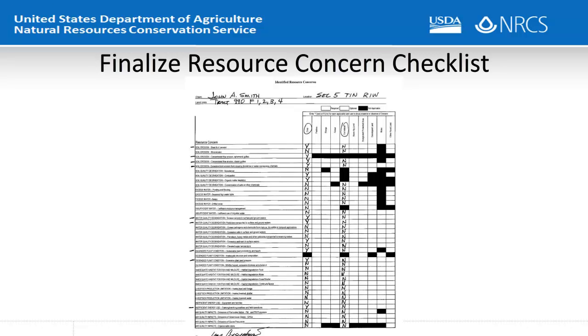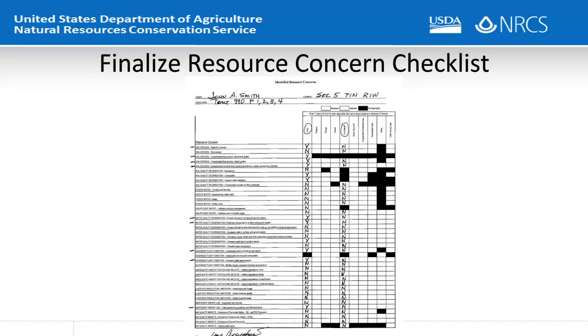So, the summary sheet of our resource concern checklist is complete, and we have identified the following resource concerns on the cropland: soil erosion, sheet and rill erosion; soil erosion, concentrated flow erosion, ephemeral gullies; soil erosion, concentrated flow erosion, classic gullies; soil erosion, excessive bank erosion from streams, shorelines, or water conveyance channels; soil quality degradation, compaction; soil quality degradation, organic matter depletion; water quality degradation, excess nutrients in surface and groundwaters; water quality degradation, pesticides transported to surface and groundwaters; degraded plant condition, undesirable plant productivity and health; degraded plant condition, excessive plant pest pressure; and inefficient energy use, farming, ranching practices, and field operations.